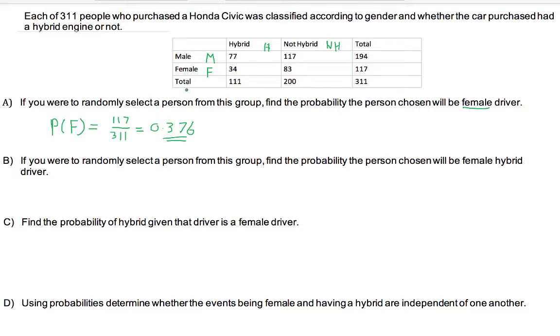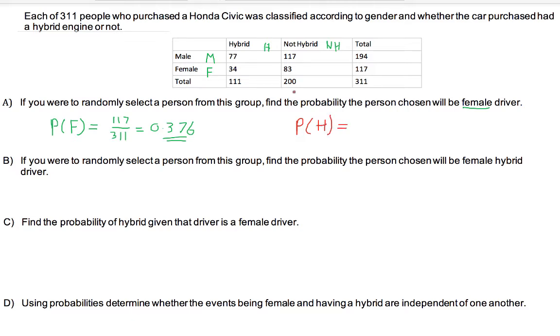0.376. So that is the probability of female driver. Similarly, you can find the probability of male driver. Then actually 194 divided by 311. And also you can find the probability of hybrid. Let me show you that. Probability of hybrid engine.